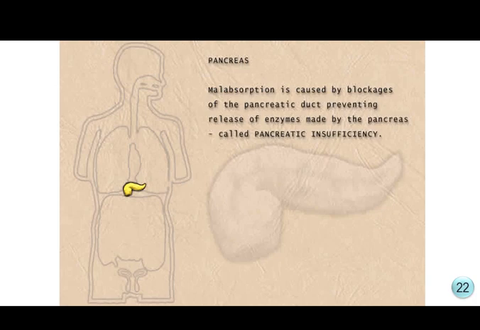So blockage of the pancreatic duct will prevent these enzymes, and if you don't have these enzymes, anything you eat will not be converted to the nutrients you need for your body. So you'll end up with pancreatic insufficiency.